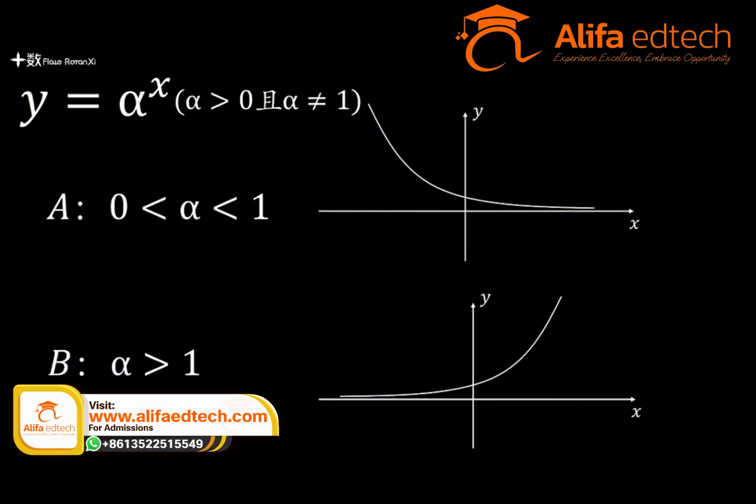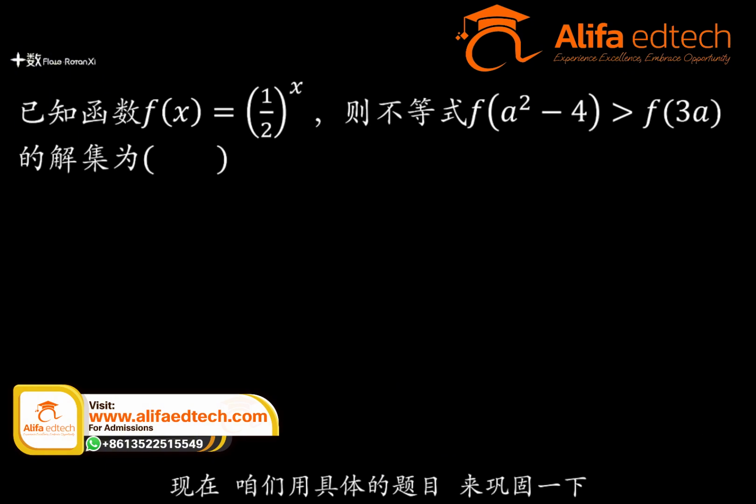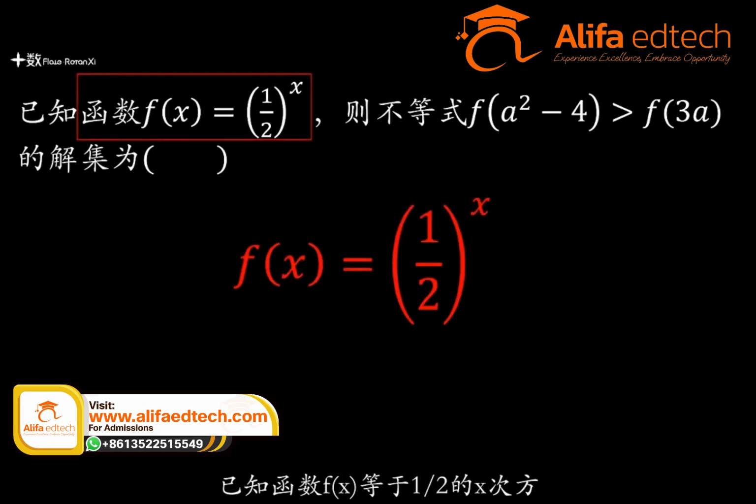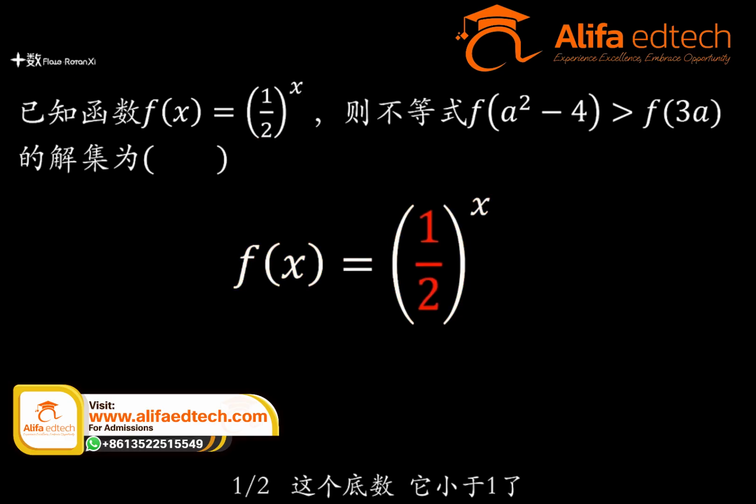First question, given function f(x) equals (1/2) to the power of x. This base number is less than 1, so as x increases, the overall value decreases, monotonically decreasing. Now we need to solve the inequality f(a^2) > f(3a).